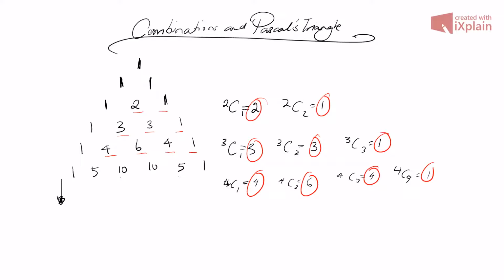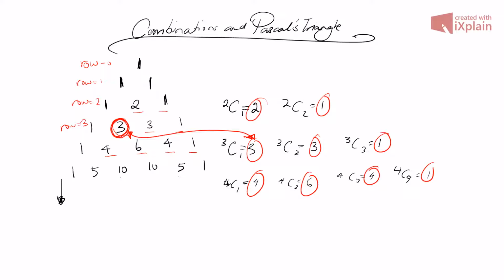So if we have a look at this 3, this 3 and this 3 here match up. Now if we have a look at this one here, this is row number 0, row number 1, row number 2, row number 3.